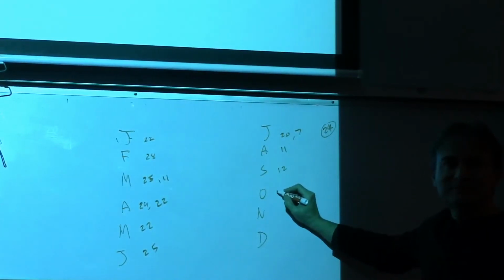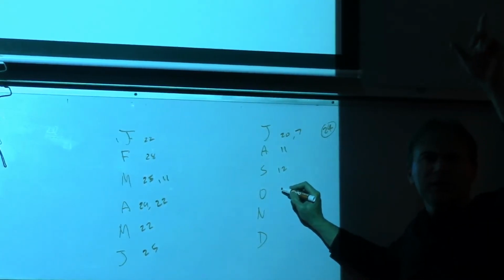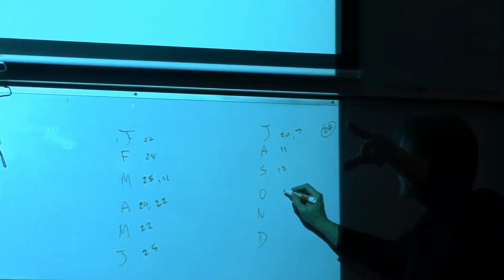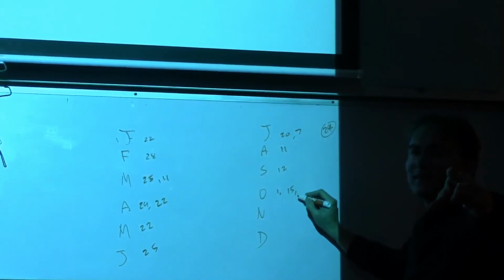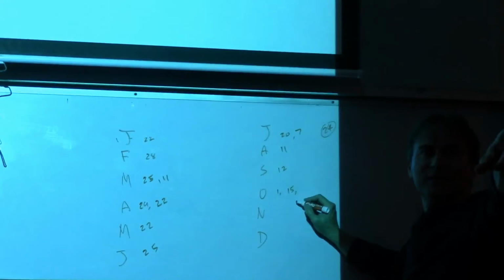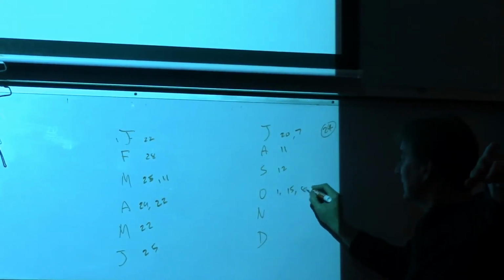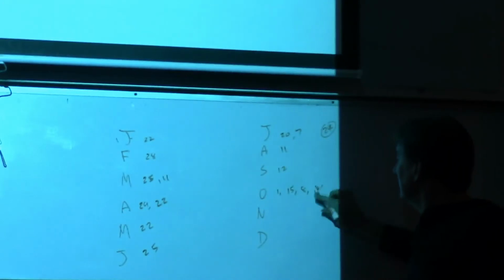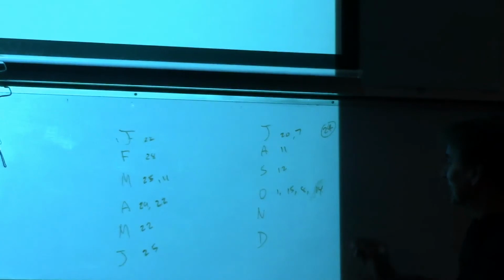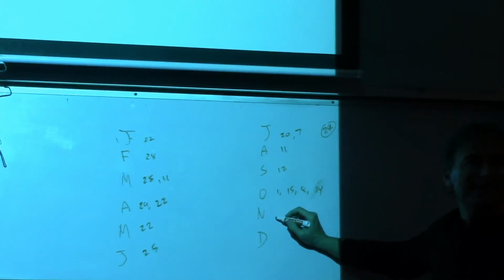October. Wow! October is very popular. Raise your hand and hold your hand up if you're October. Go ahead. First. Wow. 15. You're almost half. 8th. And you are? 14th. Look at that. 4 people, but we don't have a match. You guys are a bad example.